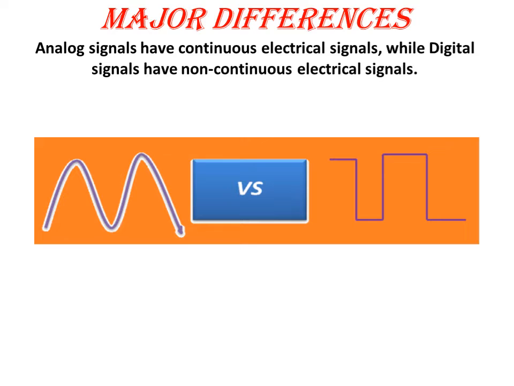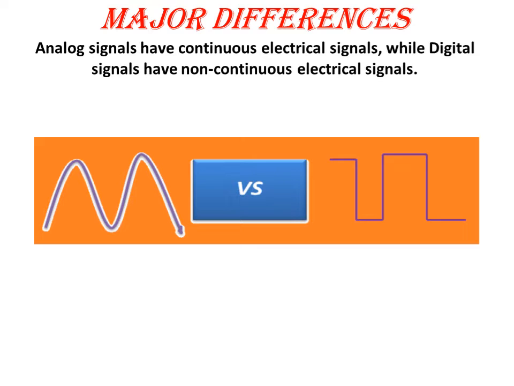Further, an analog signal is denoted by sine waves, while digital is denoted by square waves. Analog signal uses a continuous range of values to represent information, and on the other hand, a digital signal uses discrete values, meaning 0 and 1, to represent the information.